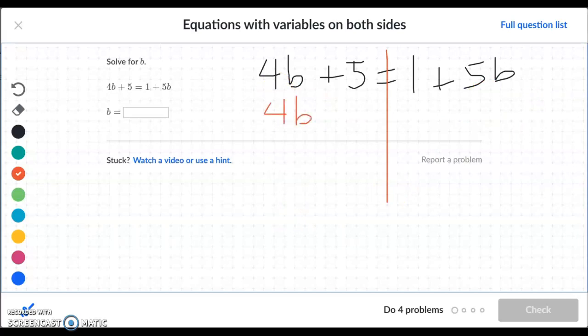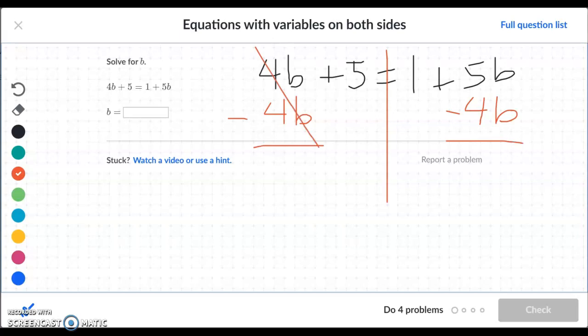I have to remember that I need to keep this equation balanced, meaning I either add to both sides, subtract from both sides, multiply both sides, or divide both sides. The key here is I want this to go away. 4b is positive, and the only thing that will make it 0 is if I subtract. So I'm going to subtract the 4b from both sides.